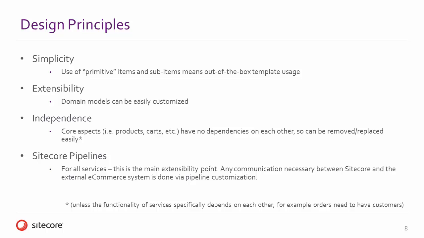With Commerce Connect, one of the core principles is where possible, use out-of-the-box templates. And so what this means is we have primitive models for things like products, and then we have primitive models for things like key value pairs for features and relationships and other aspects.